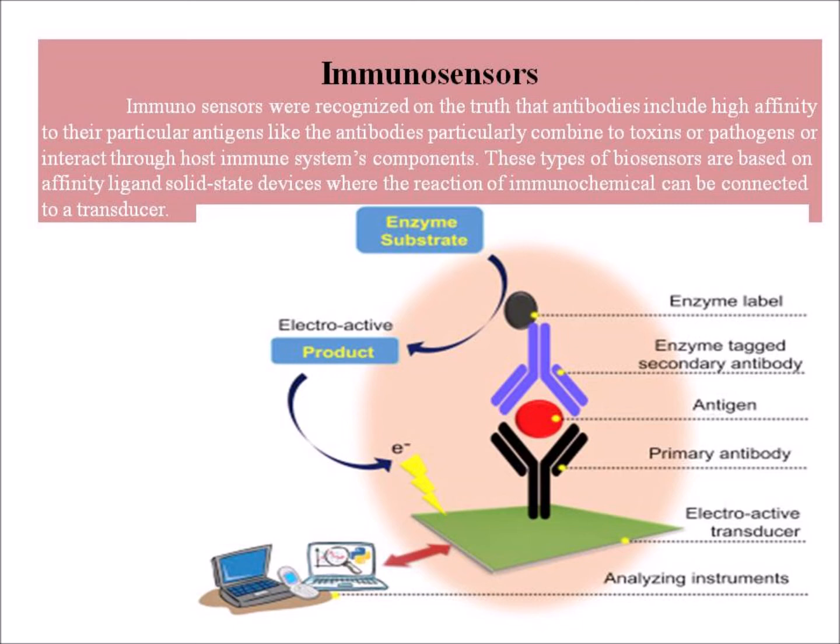Immunosensors. Immunosensors are based on the fact that antibodies have high affinity to their particular antigens, like antibodies that specifically bind to toxins or pathogens or interact with host immune system components. These types of biosensors are based on affinity ligand solid state devices where the immunochemical reaction can be connected to a transducer.